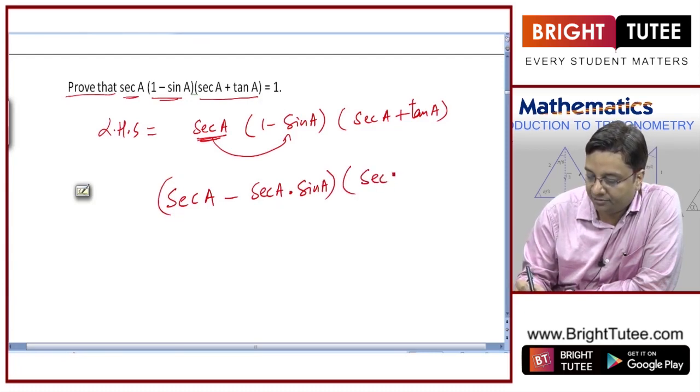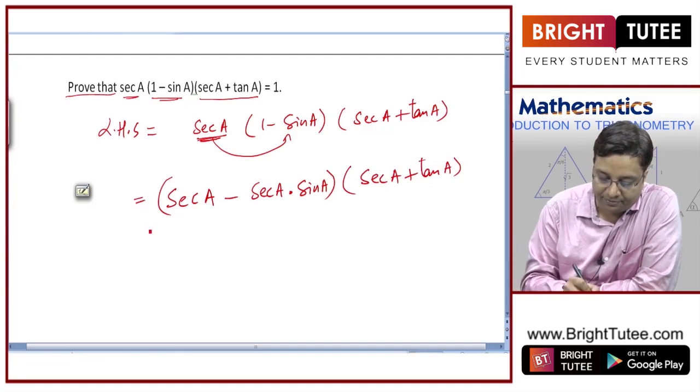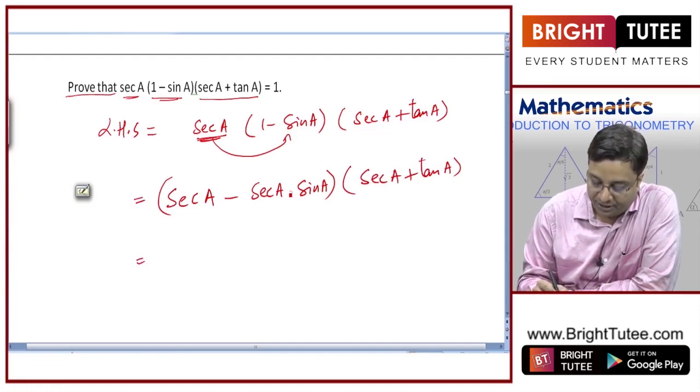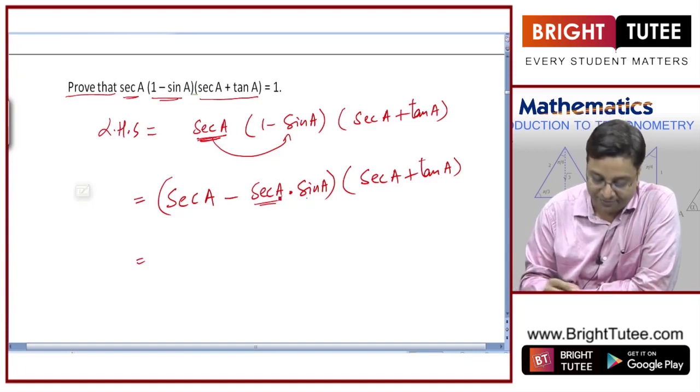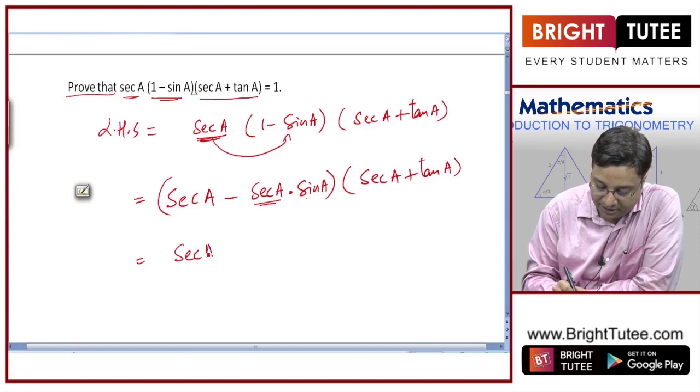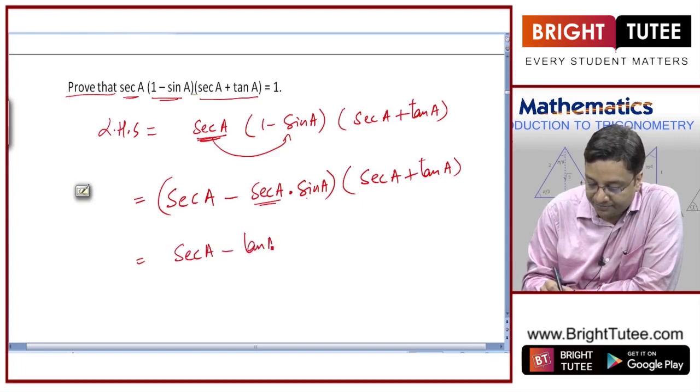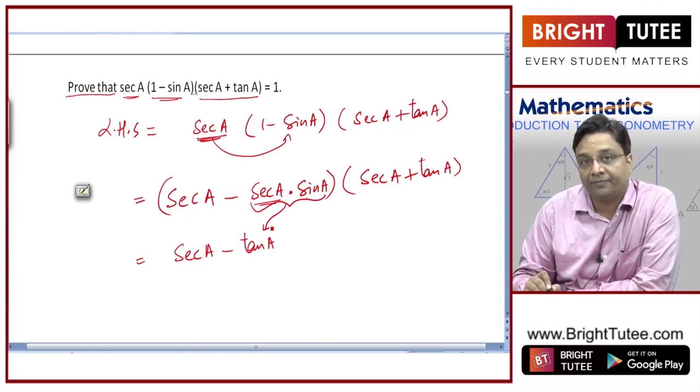Okay. And the second bracket is secant A plus tan A. Right. Now secant is nothing but 1 by cos A and sin by cos A is nothing but tan A. So this can be written as secant A minus tan A. This expression is tan A, right?